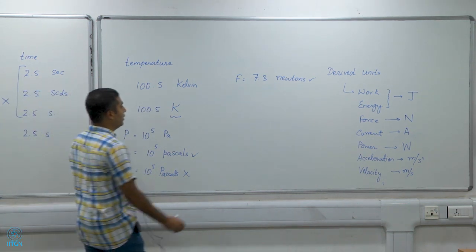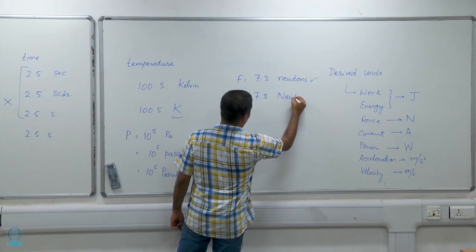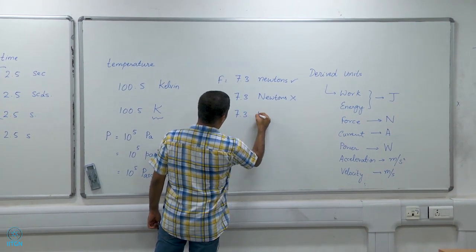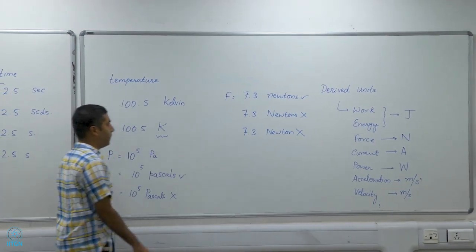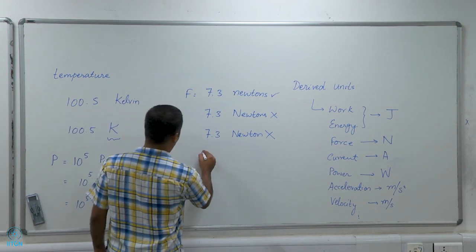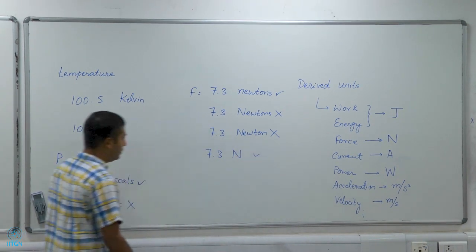And if I write 7.3 newtons, this is not correct. 7.3 Newton, this is also not correct. So, the easiest way is to just write it as 7.3 N.